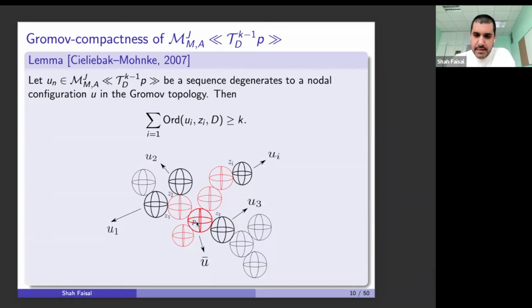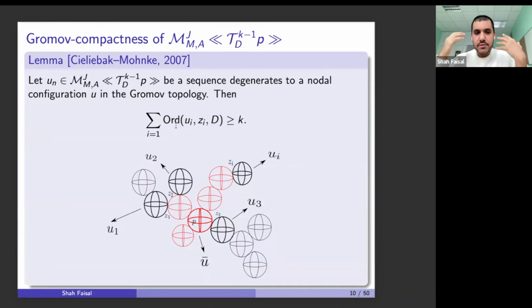Now, in principle, these points are mapped to the point P where we have placed our divisor D. So they will have some tangency to that divisor, and if you add up, then the lemma says that it should add up to what we started with. So basically, you don't lose the constraint, but it just gets distributed over the non-constant components.